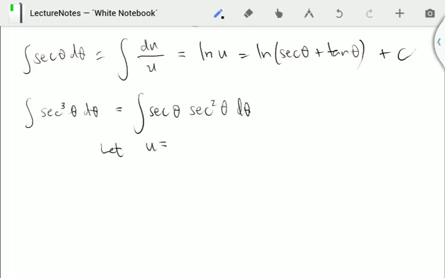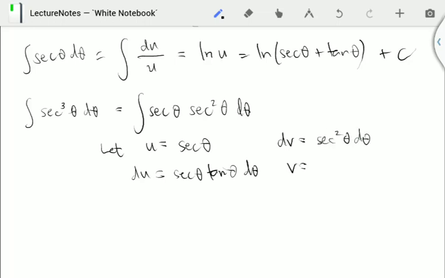We let u be the function that is easy to take the derivative of, that's secant, whose derivative is of course sec theta tan theta d theta, and the remaining function is your dv, which is sec squared theta d theta. That implies that your v, which is just the integral of that, is tan theta.